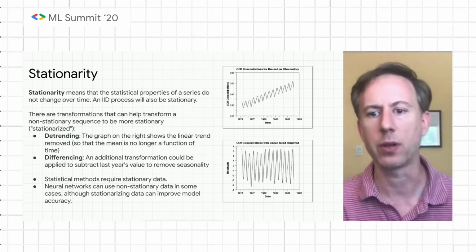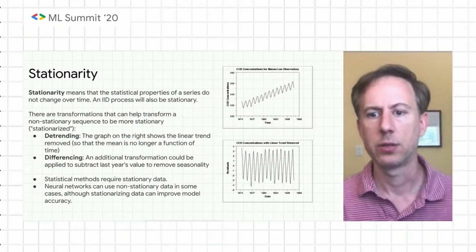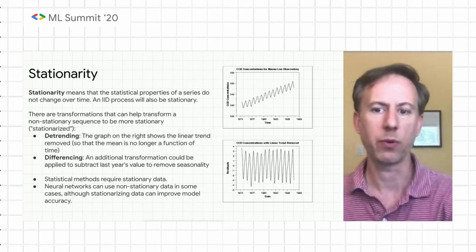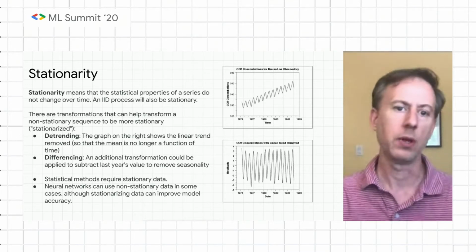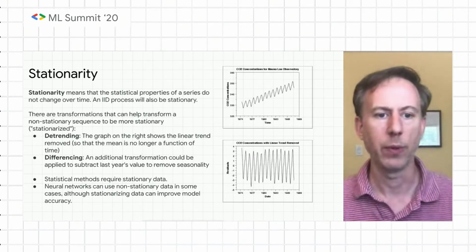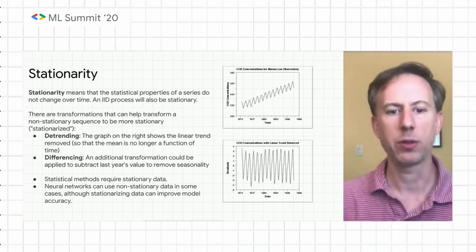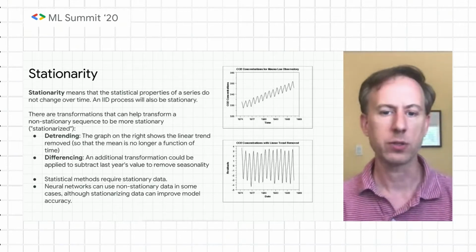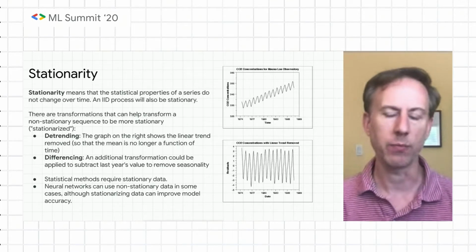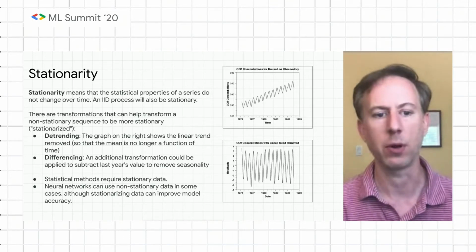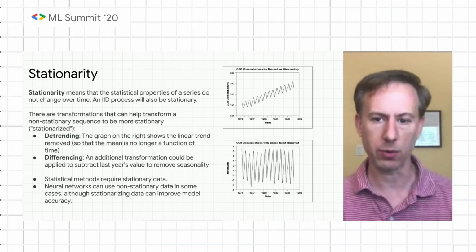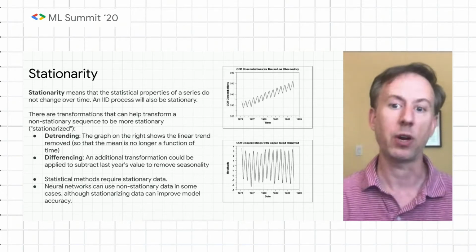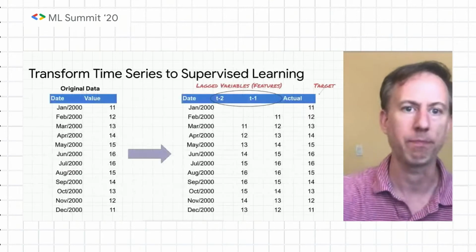Maybe we subtract last year's data point from this year's data point to even that out. Generally, statistical methods require your data to be stationary. As far as neural networks, sometimes there are different viewpoints on whether it makes a difference or not. But just know that with your raw data, you might need to apply some processing to get it into this form.